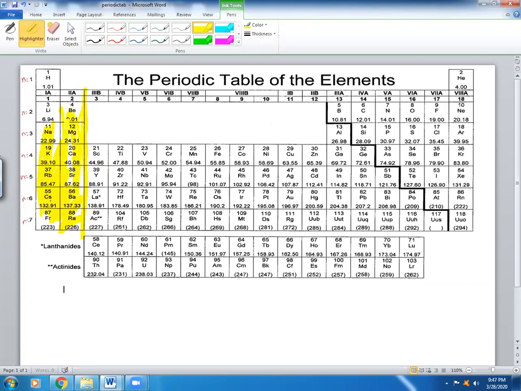I'm going to do my best coloring it, but it's going to take me a long time, so I'm probably just going to color this. What you want to do is say that this is the S area. This is the S block right here.